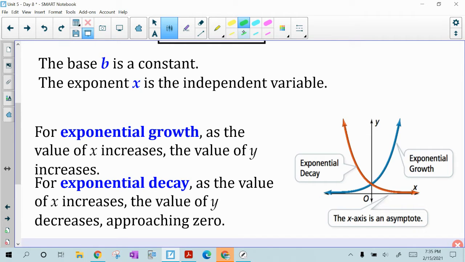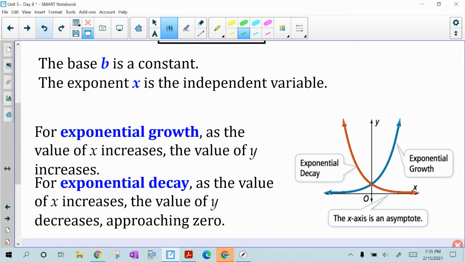But just to emphasize again, with exponential growth, as your x values are going up, so are your y values. And they're not just going up, the rate at which they're going up is increasing.